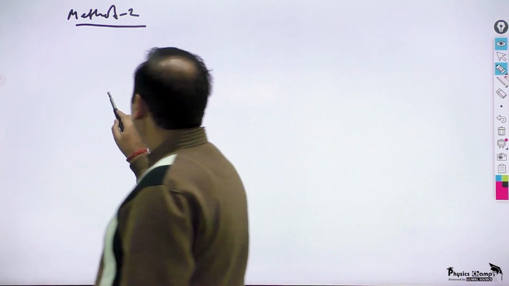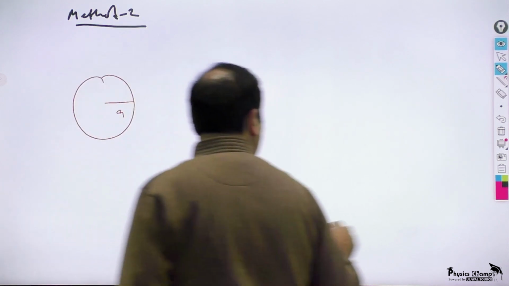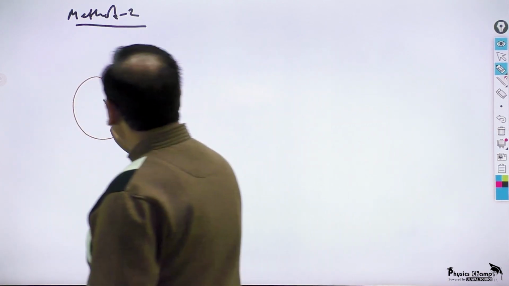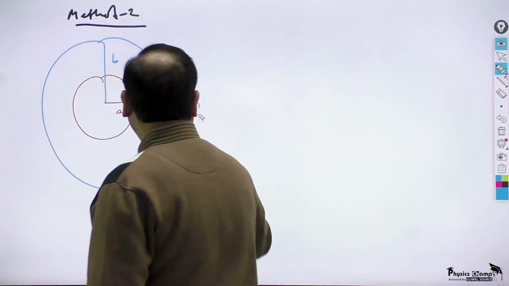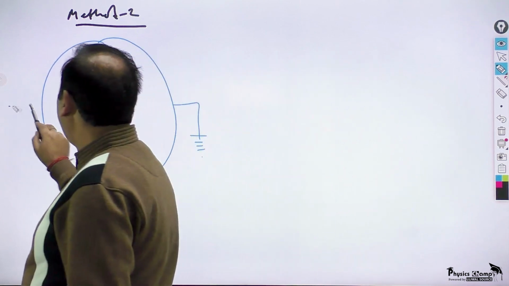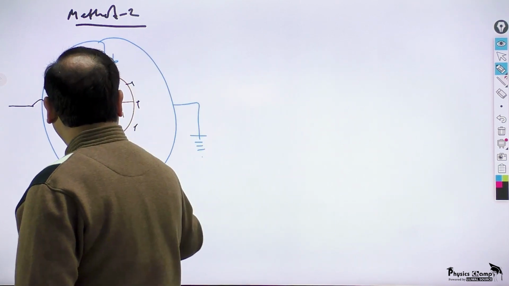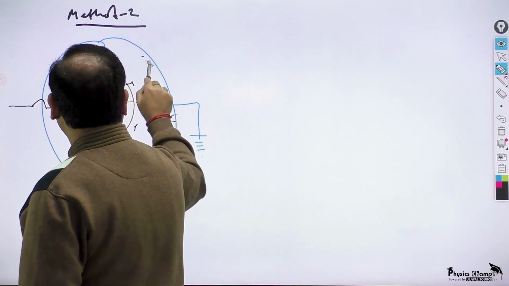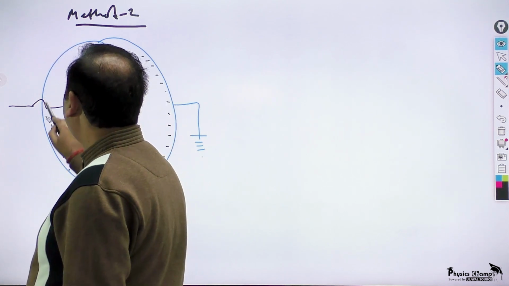So maybe the inner shell is having a radius A here, the outer shell is having the radius B here, outside of the outer shell is earthed, same arrangement, the charge is supplied to this inner shell and there is an induced charge on the inner side of this outer shell.